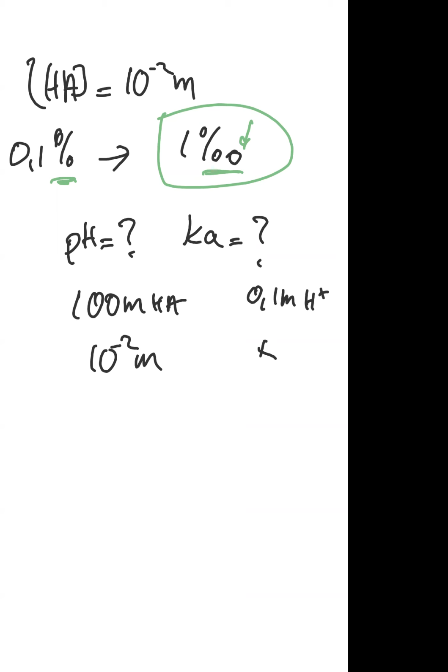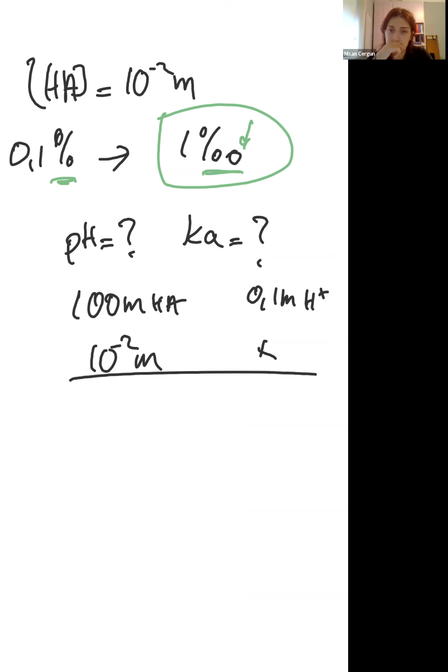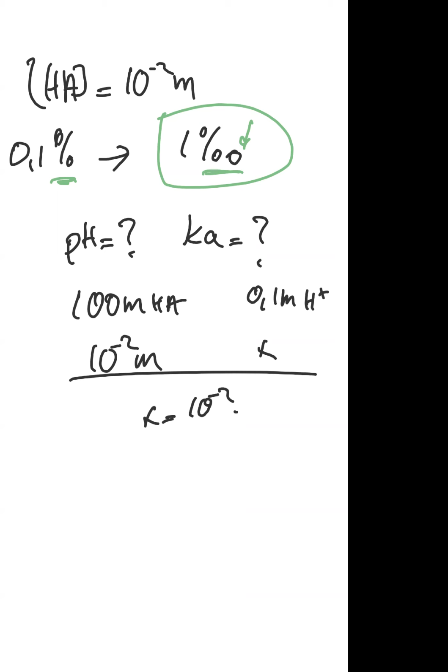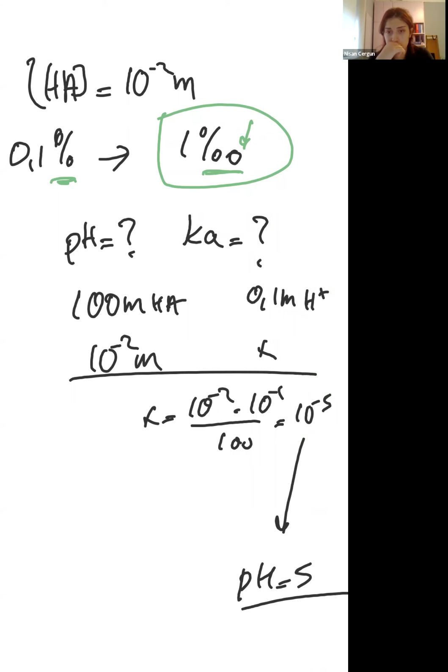Just cross multiplication, okay? Then X will be 10 to minus 2 times 10 to minus 1 divided by 100. Then this will be 10 to minus 5. And pH will be 5. Okay, this is the case.